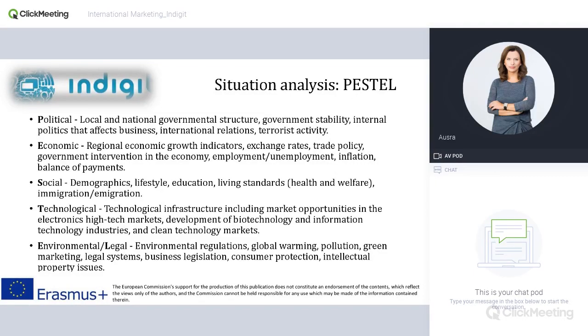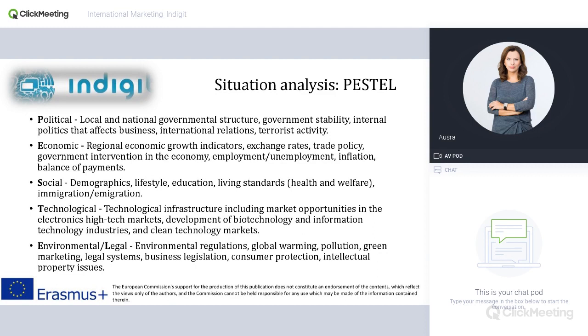The analysis of the social environment consists of demographics, lifestyle, education, living standards, health and welfare, immigration and emigration issues. When analyzing the technological environment, an SME should analyze the technological infrastructure of the country, including marketing opportunities in electronics and high-tech markets, development of biotechnology and information technology industries, as well as clean technology markets.